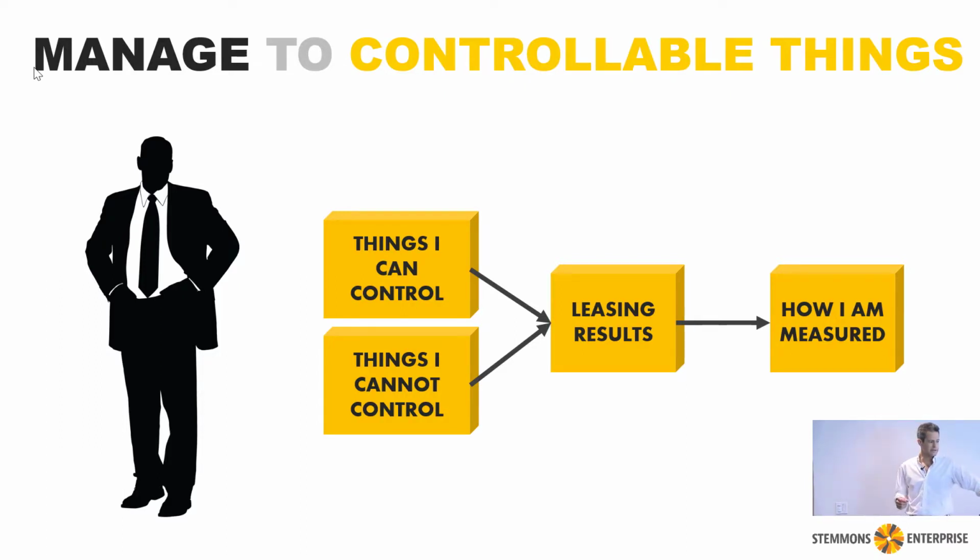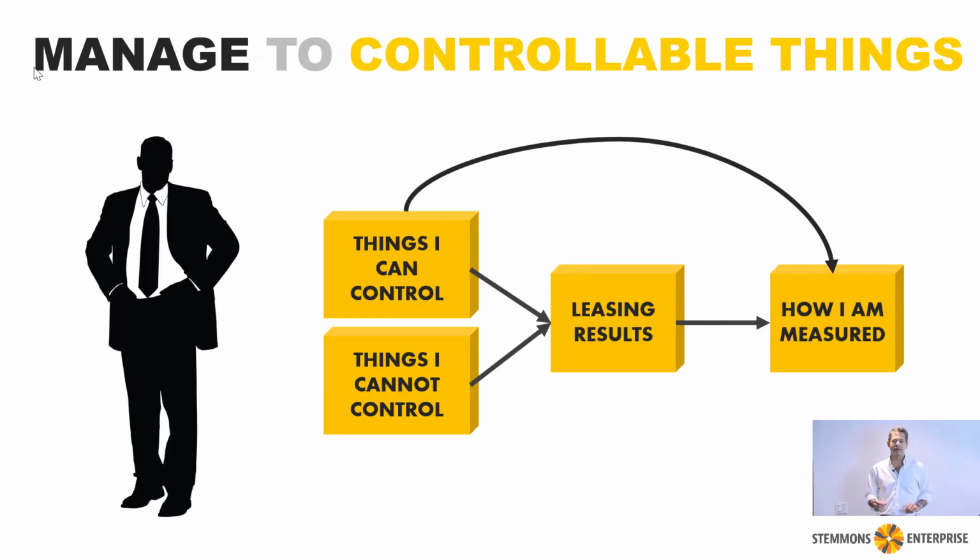What we would really like to do is change that and have the measurement come only from the things that people can actually control. This is possible using Stemmons in a way that it often wasn't before. And so if we can isolate the performance metrics to things that are actually within that person's control, then we do a much better job of incentivizing their behavior.